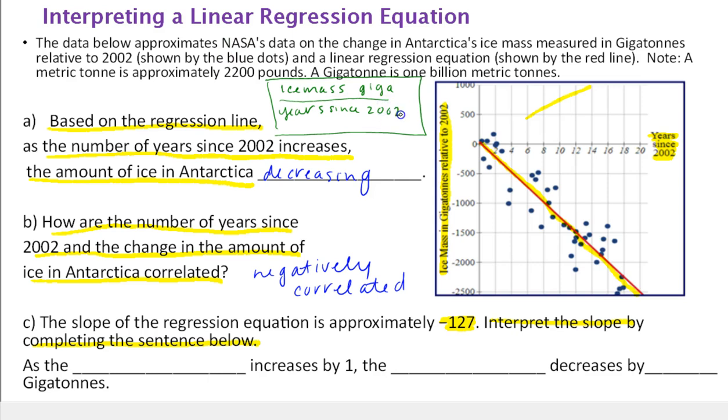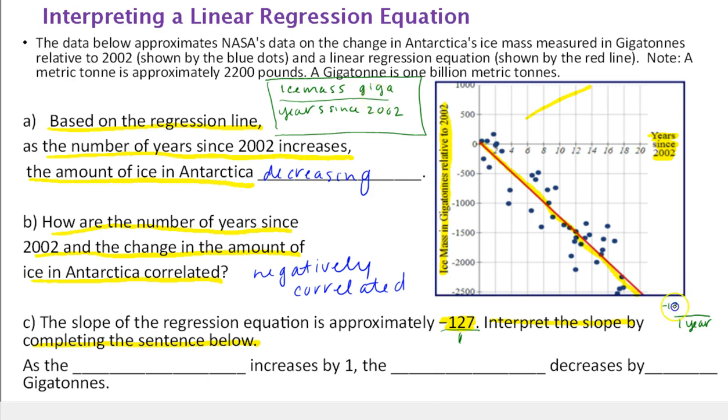Now, what we like to do is think of this as what we call a unit rate. If we think of the years since 2002 as changing by 1, so let's put 1 year, then this negative 127, which we don't write over 1 since it's an integer, but we could think of that as how the ice mass is changing in gigatons.